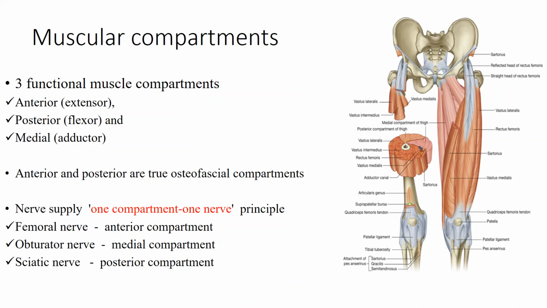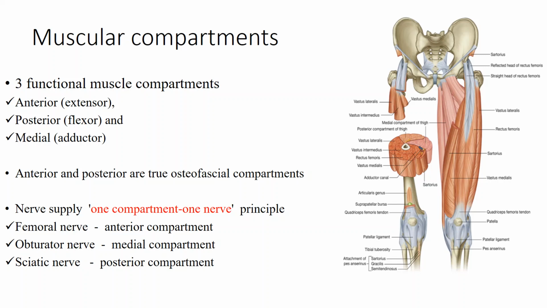So in the thigh, there are three functional muscle compartments. One is the anterior compartment, which includes the extensors, then there's the posterior compartment, which includes the flexors, and there is the medial compartment, which includes the adductors. They are related to the knee, working on the knee joint.